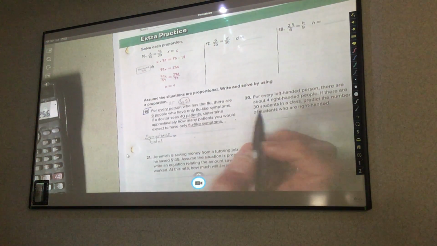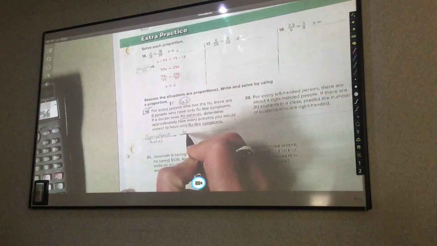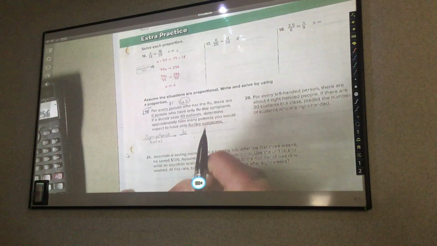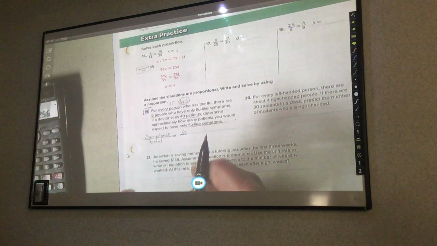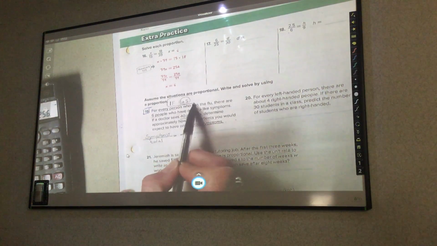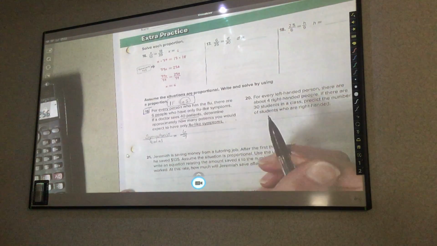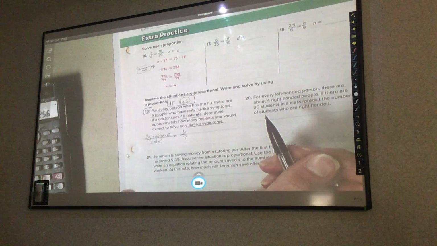How many people had symptoms? 6. What was that out of? No, it's from the original, 1 and 6, so 7. So it's 6 out of 7 people is my ratio.